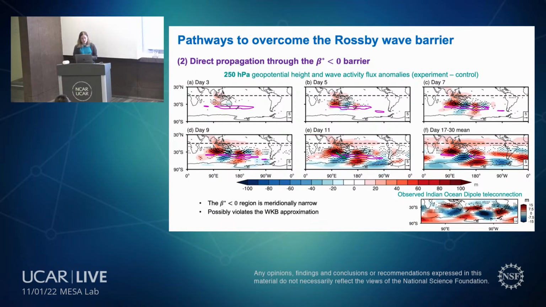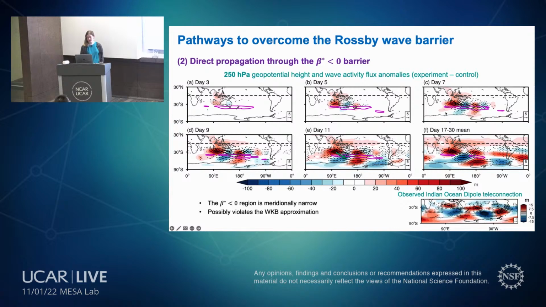So the second pathway that we've identified is also the direct propagation across this barrier. Linear Rossby wave theory predicts that when a wave encounters this region on the poleward flank of the subtropical jet, it should be reflected to the tropics.